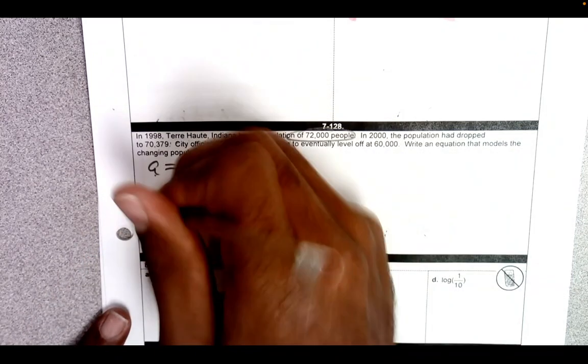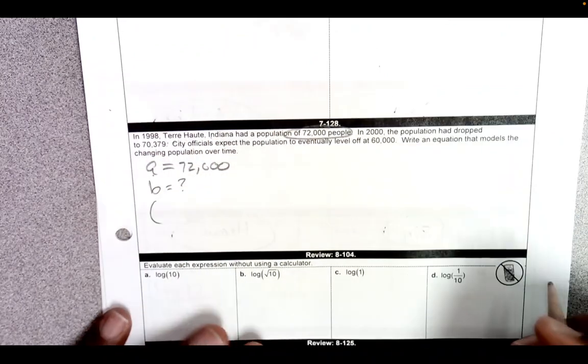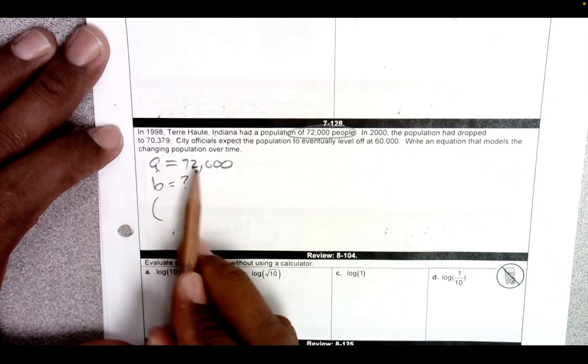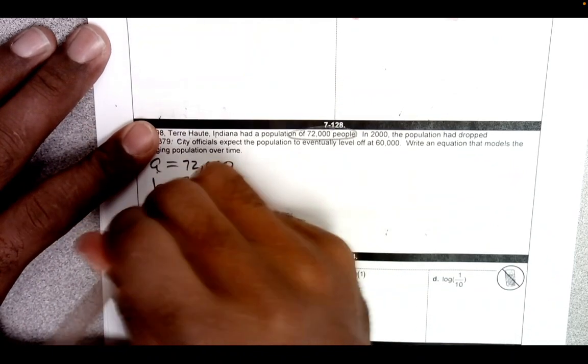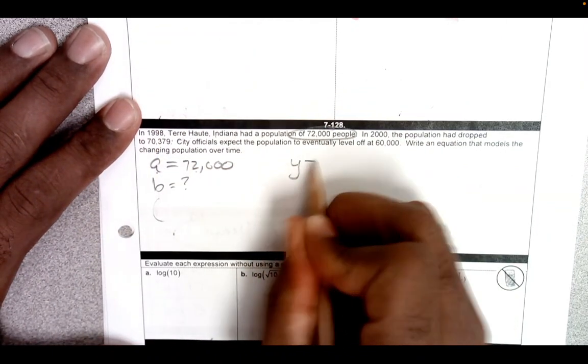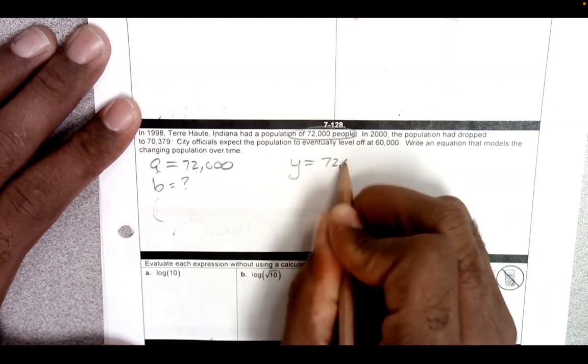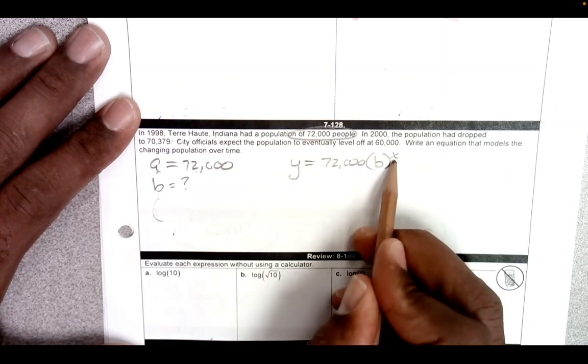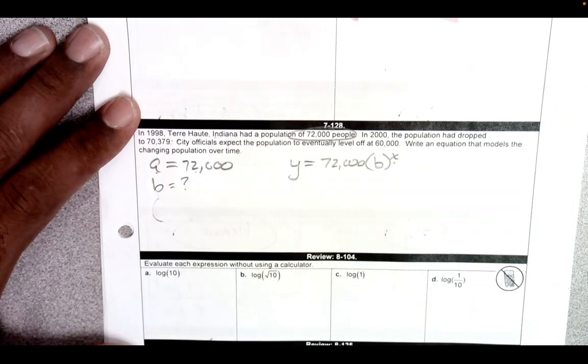So what we have to figure out is the rate. We don't know that. So if we know 72,000 is A, then really all we have to do is solve for B. I already know the A. I don't know the B, but I can plug something into X and Y.